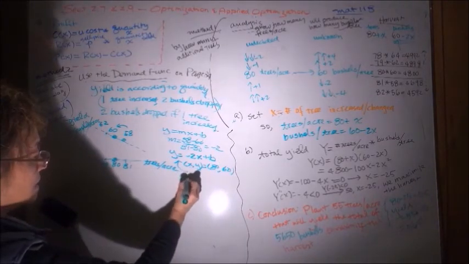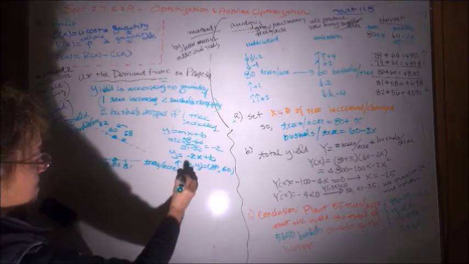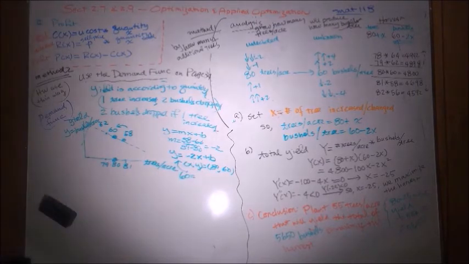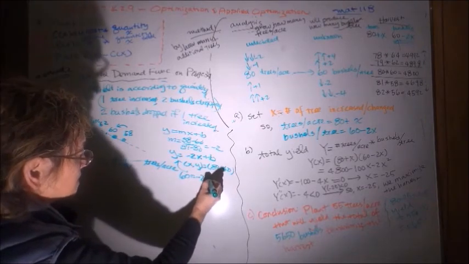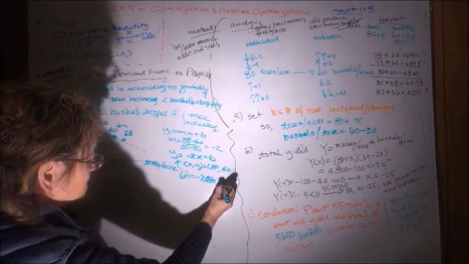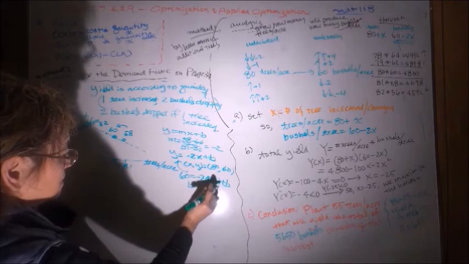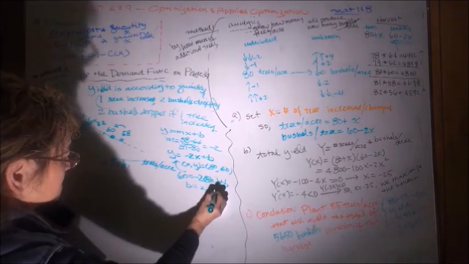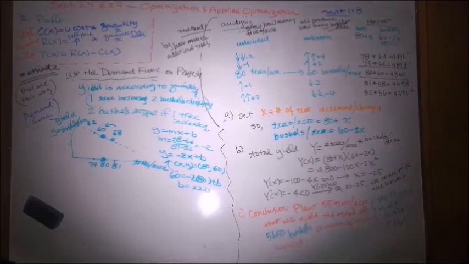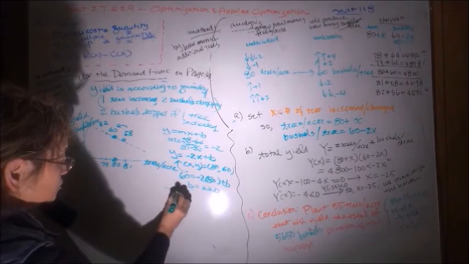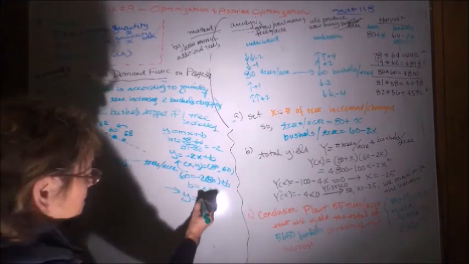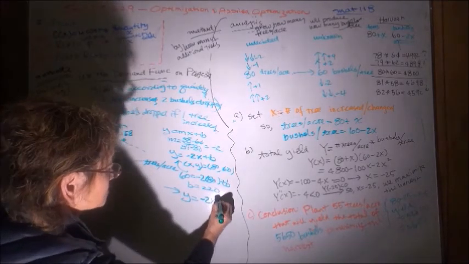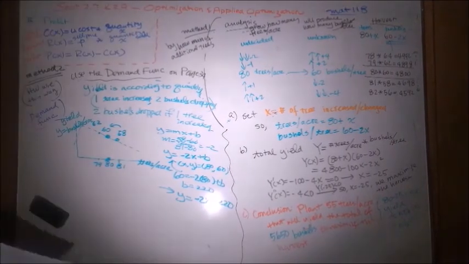So y is 60, right? Equals negative 2 times 80 plus b. So what's your b? 160, 220. Is that right? So your demand function is what? Y equals negative 2x plus 220.